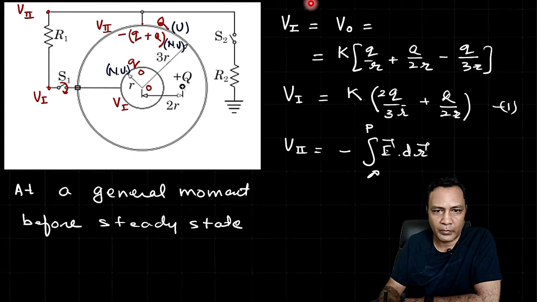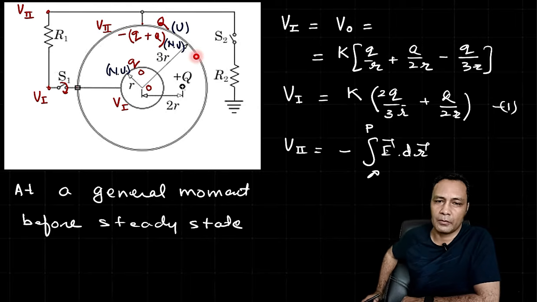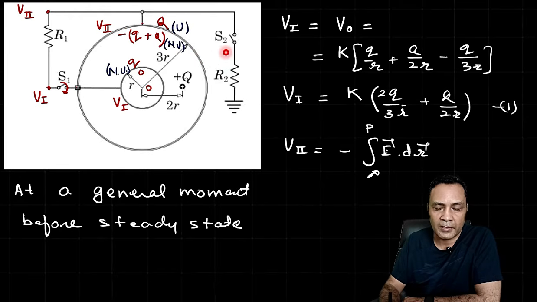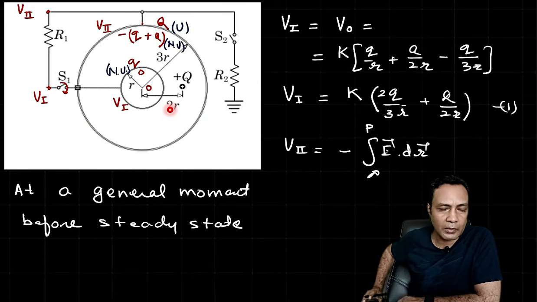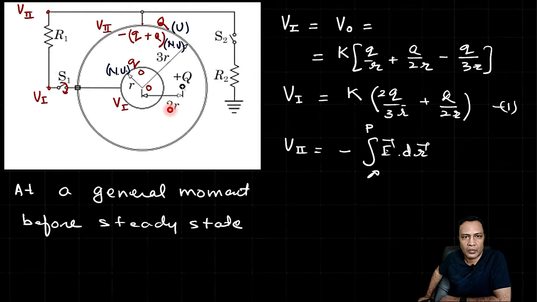But I can go from infinity and come up to here. If I come from infinity and reach the outer surface of the outer shell, I will encounter an outside electric field, and that outside electric field will only depend on this charge, because of the property of the conductor. The charges at the inner surface have a net electric field 0 at an outside point. So net electric field outside is because of this charge only.